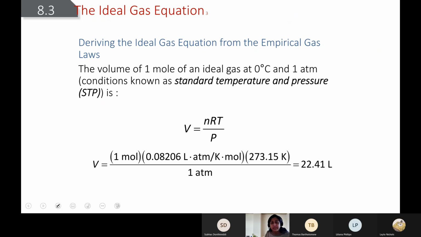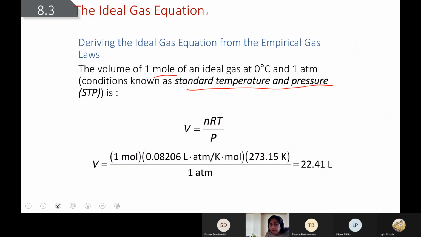As an example, when the amount is 1 mole of an ideal gas, the temperature is 0 degrees Celsius, and the pressure is 1 atm, we call these conditions standard temperature and pressure conditions.